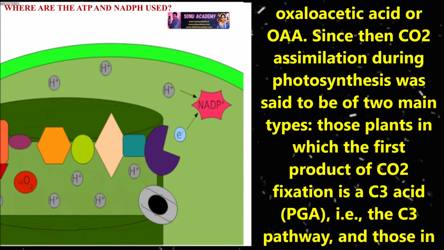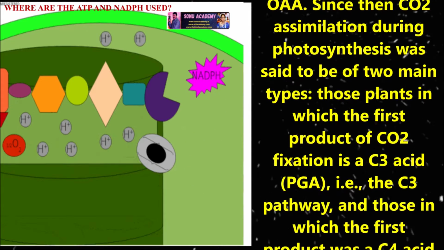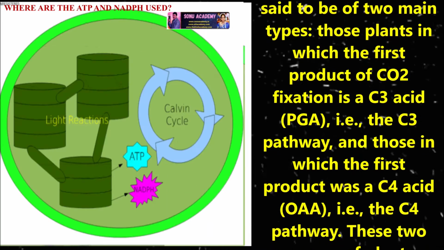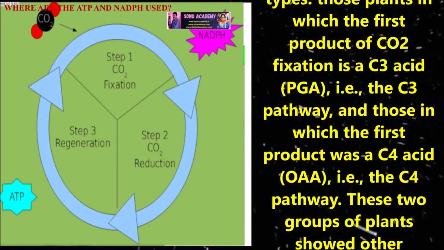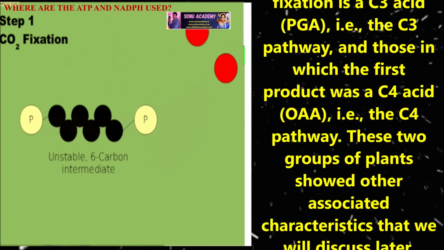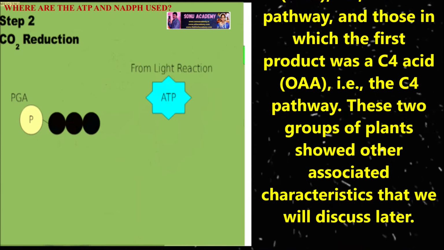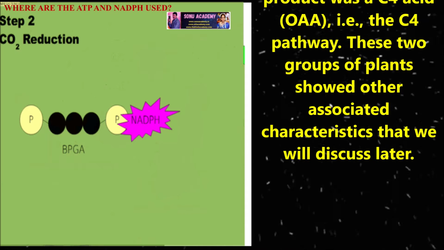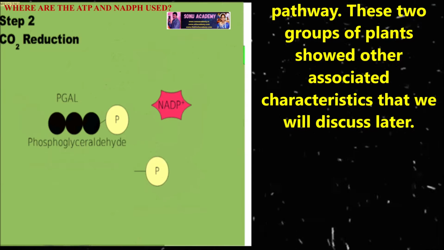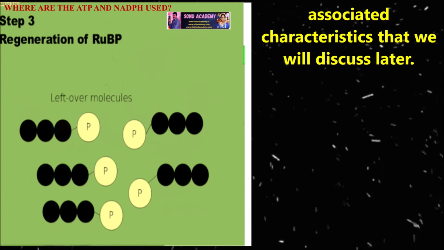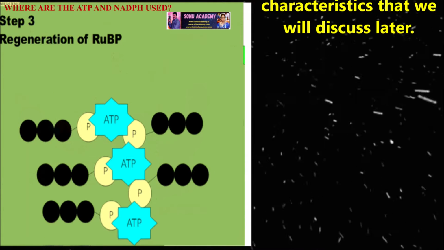Since then, CO2 assimilation during photosynthesis was said to be of two main types: those plants in which the first product of CO2 fixation is the C3 acid PGA, that is the C3 pathway, and those in which the first product was the C4 acid OAA, that is the C4 pathway. These two groups of plants show other associated characteristics that we will discuss later.